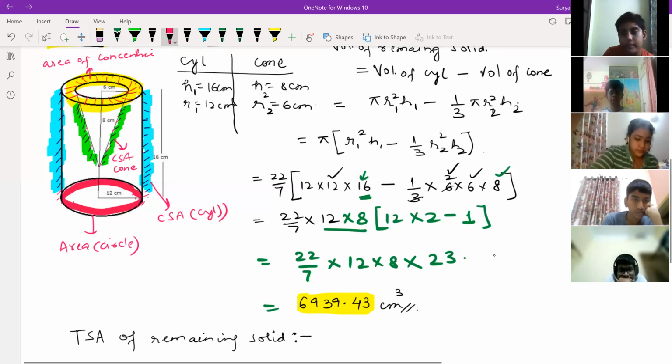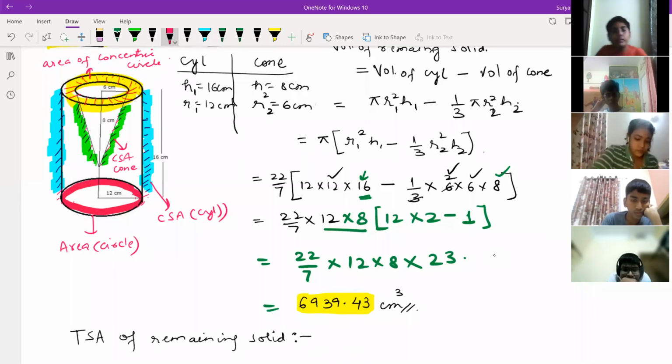Yes, sir. So we have divided into 4 parts. Once again, I am repeating: this blue part is CSA of cylinder. Then this pink color is your area of circle. Green color is the CSA of the cone. And fourth is your area of concentric circles. Children, are these 4 parts clear to everyone or having doubts? Pulastya, same thing you are thinking of?